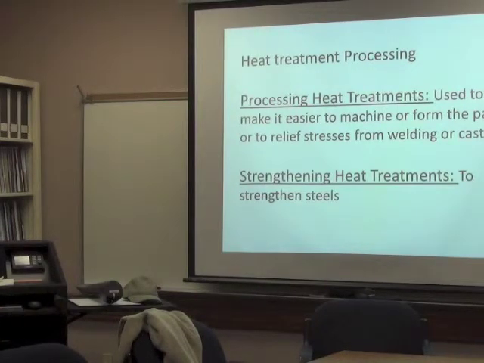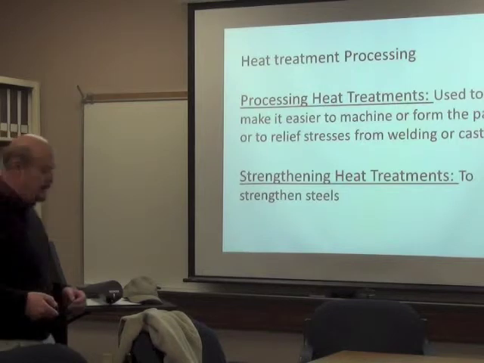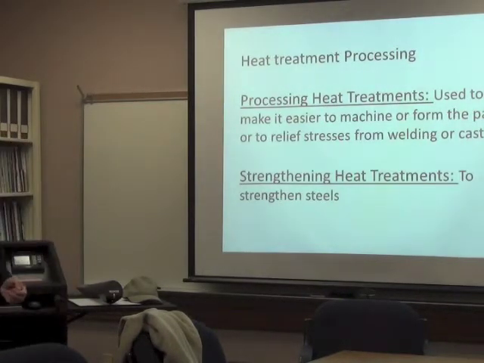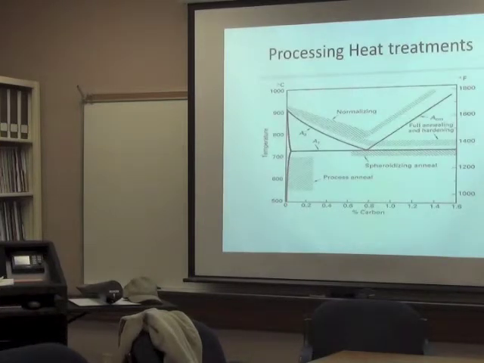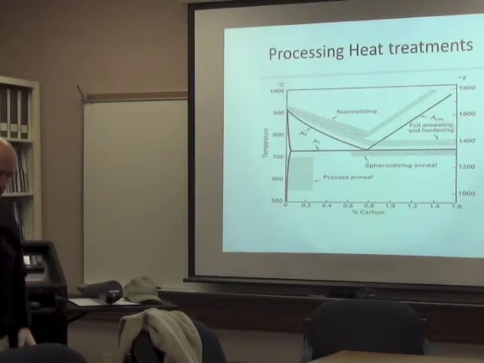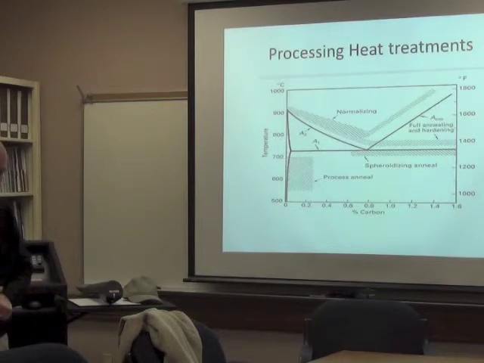In the strengthening heat treatments, they make something like tempered steel. You might have heard of tempered steel. What they do there is heat it up to real high temperatures, and then they quench it real fast, okay? And they basically get an unstable structure called martensite.